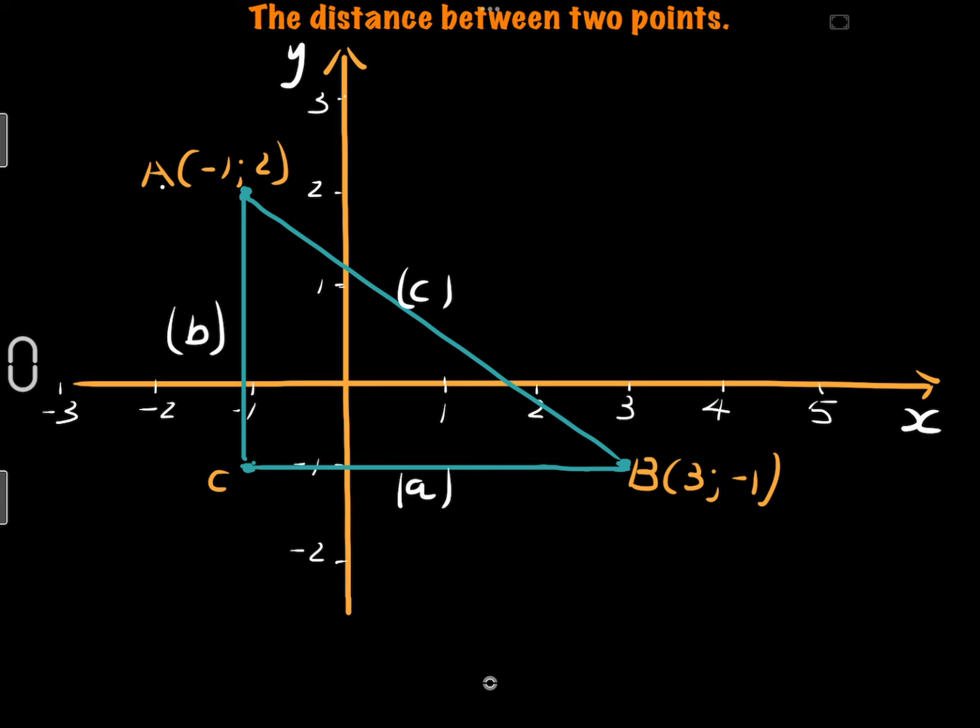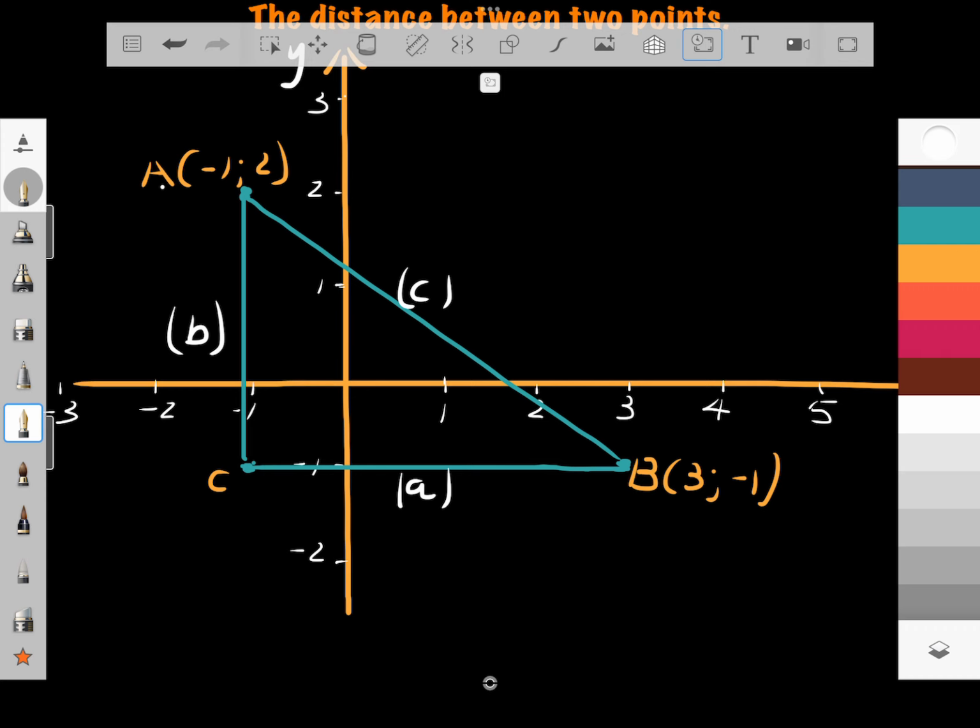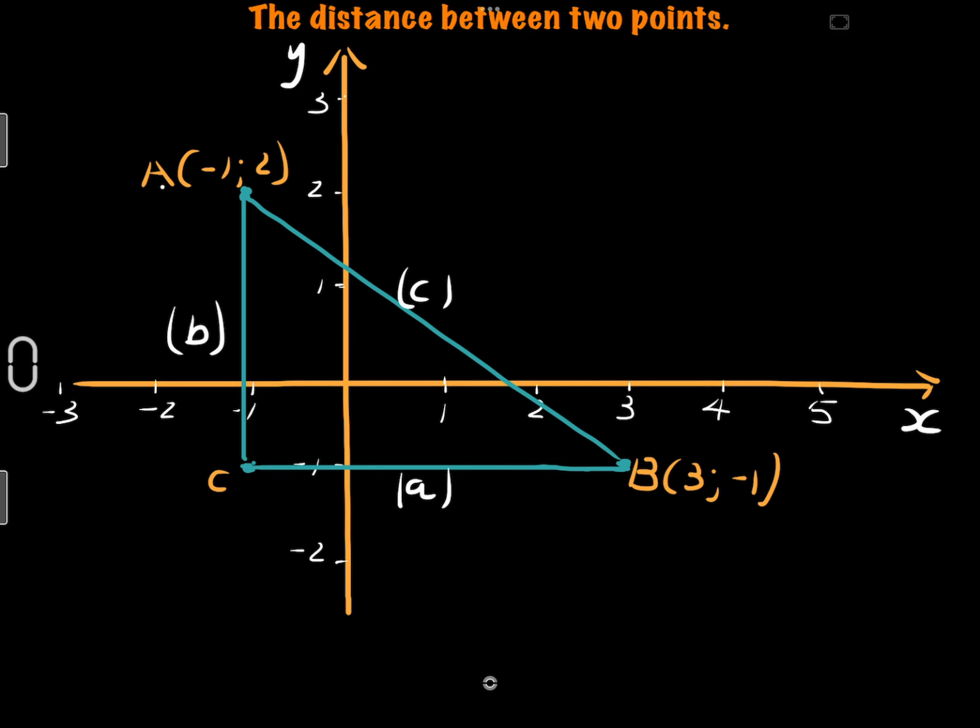Now we need to write the coordinates of C. To find the coordinates of C, we're going to simply have a brace and then identify where X and Y intercept.